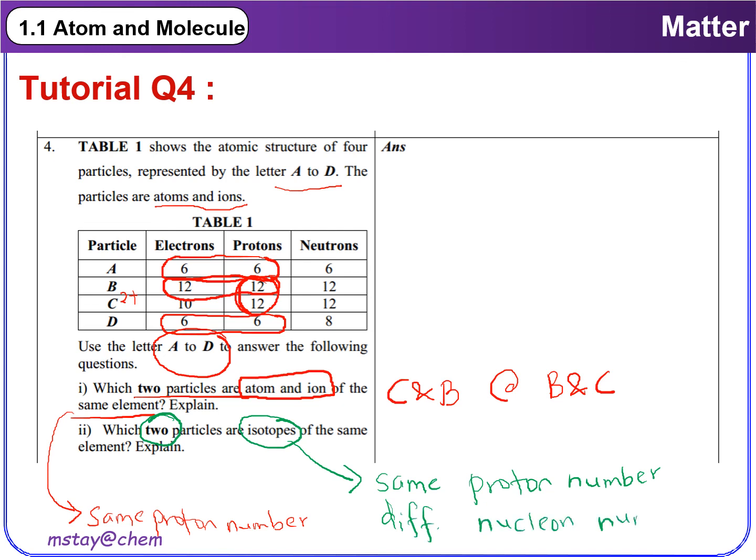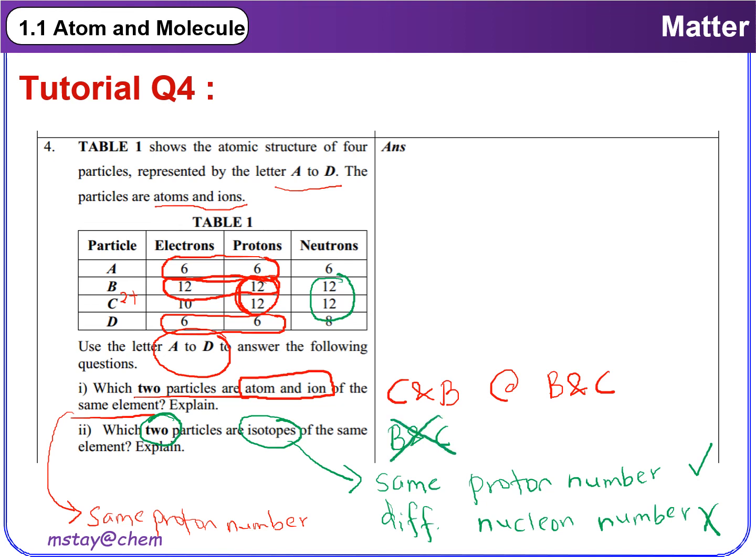When we look here, it seems like we can have B and C as one choice, because just now we noticed they have the same number of protons. But when we look at B and C, the neutrons are also the same. So that means they didn't fulfill the requirement. They fulfill the same proton number, but not the different neutron number. So B and C is not the answer.